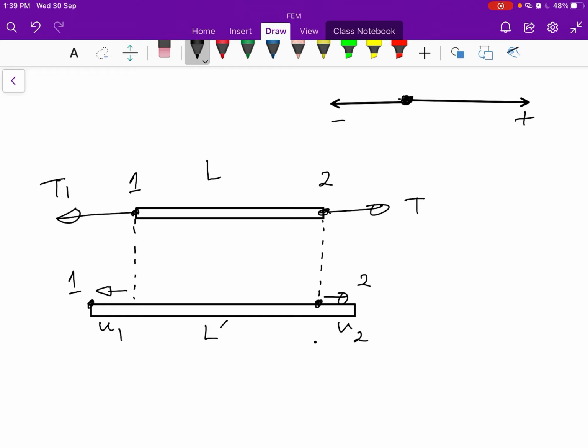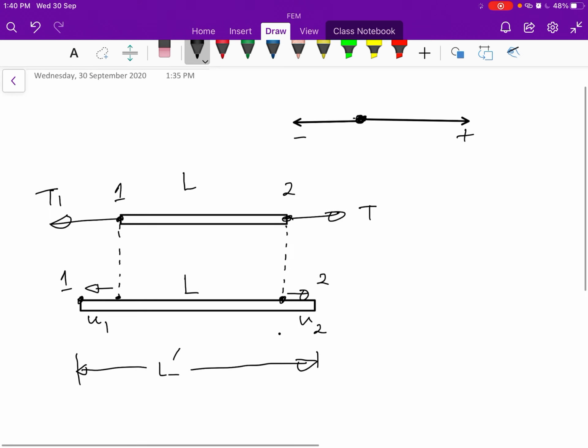See, L dash is the total length, and the distance between these 2 points is still L.